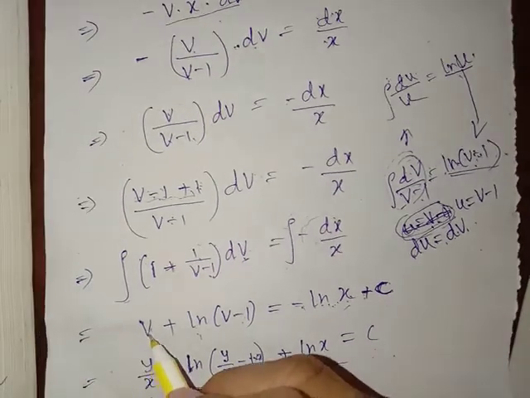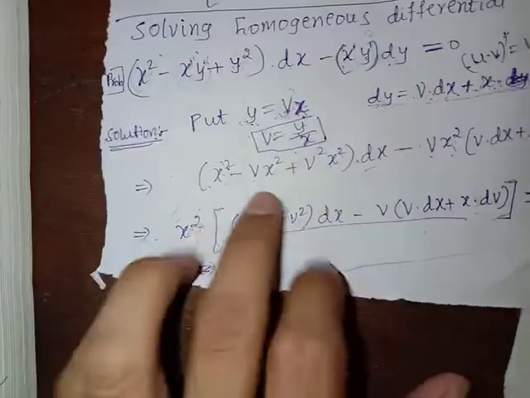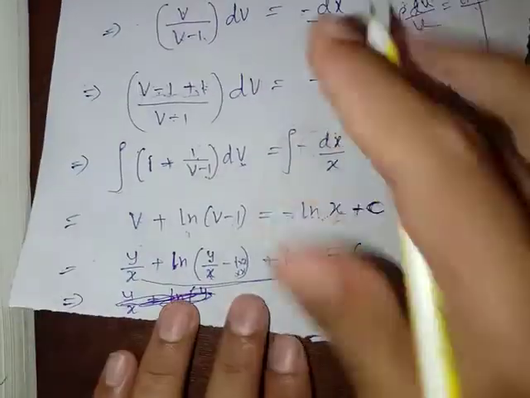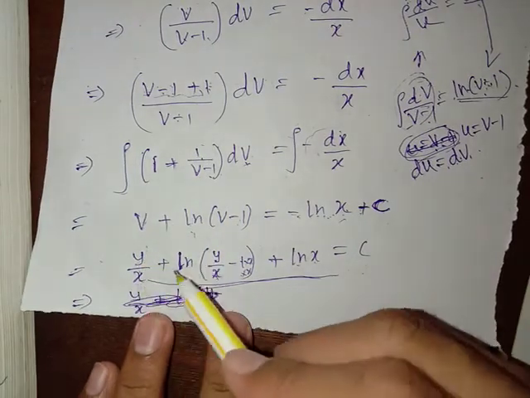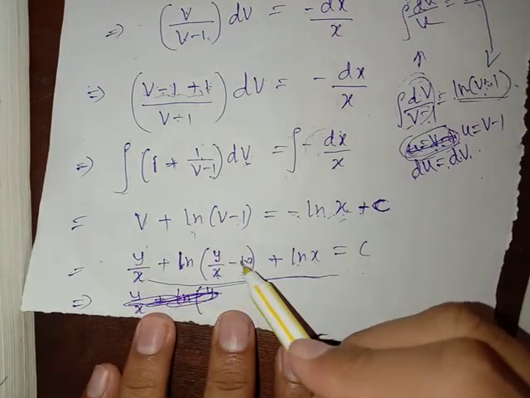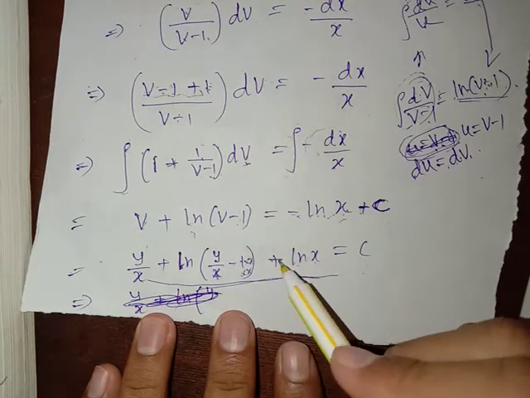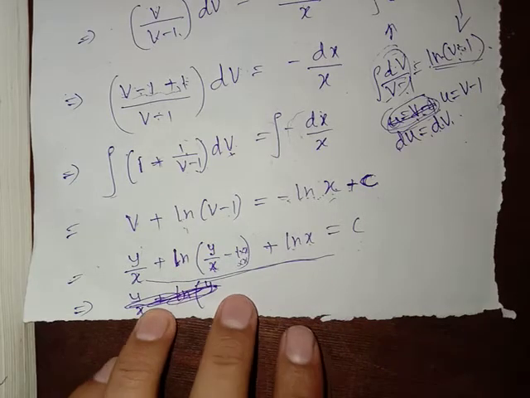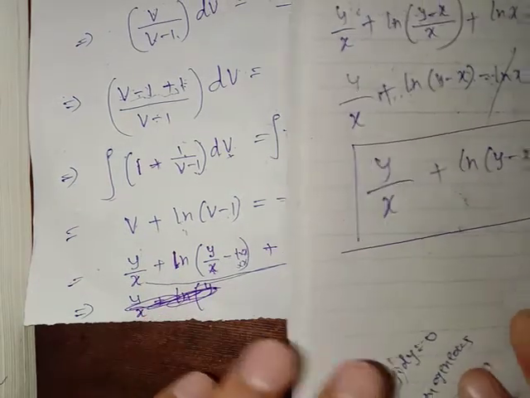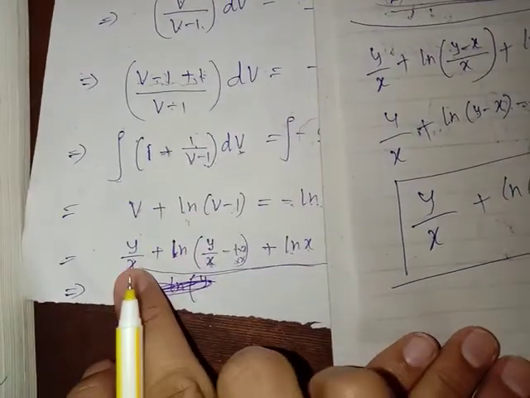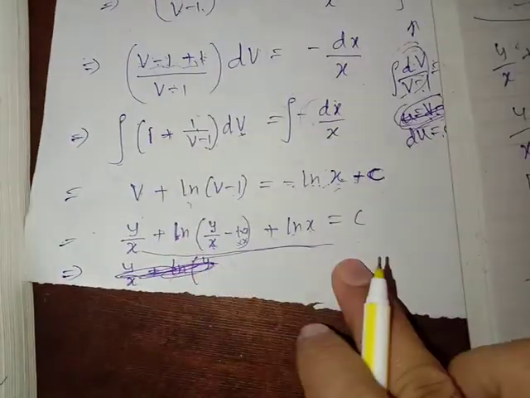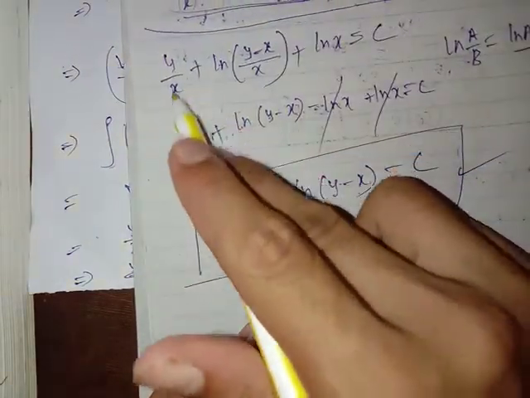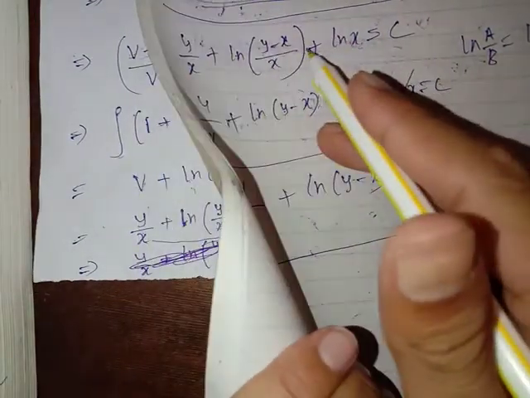Now what is v here? We take that v is equal to y by x. So in the place of v we can put y by x, ln of y by x minus 1, plus ln x is equal to c. This is also a solution of the given differential equation, and we can also convert it.